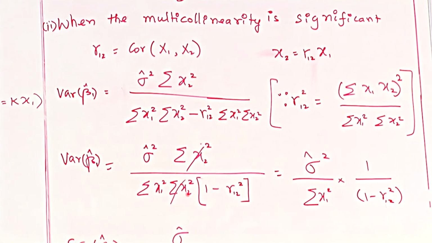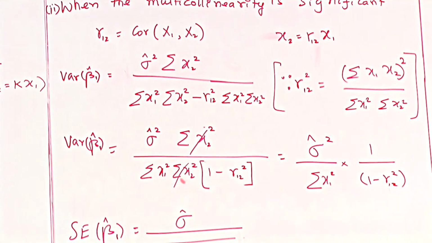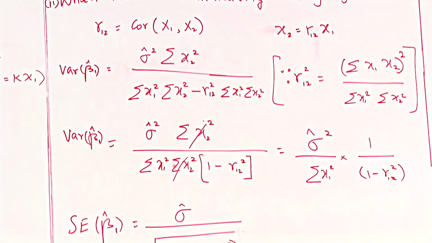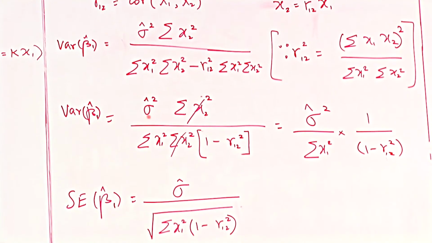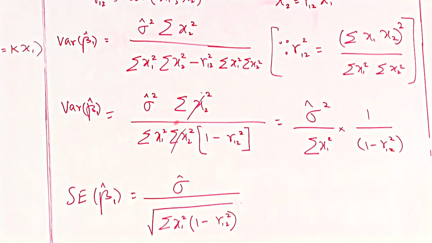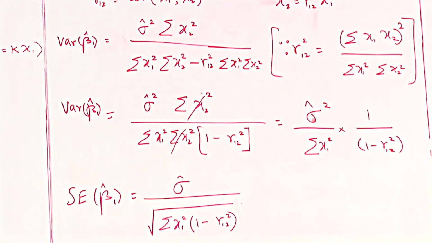Now we can rearrange and cancel terms in the numerator and denominator. We get sigma hat square sigma x2 square, and this can be cancelled, leaving only two terms, which can be written as sigma hat square divided by sigma x1 square times 1 by (1 minus r12 square).